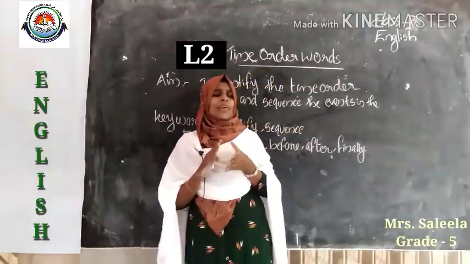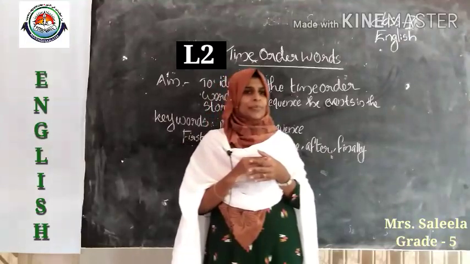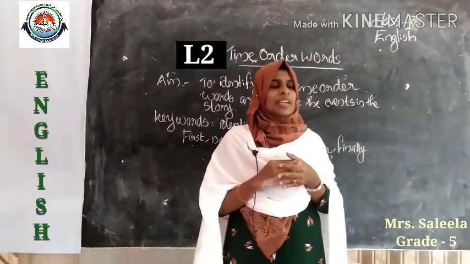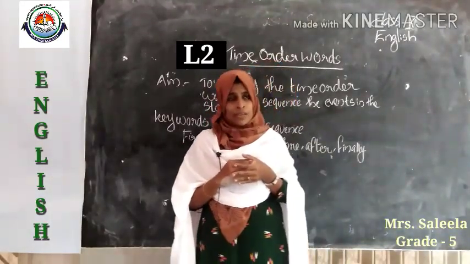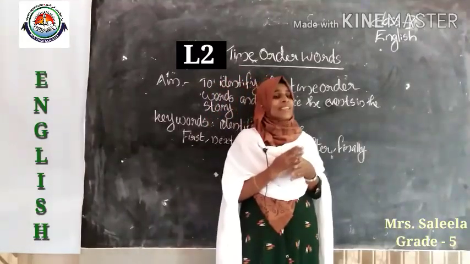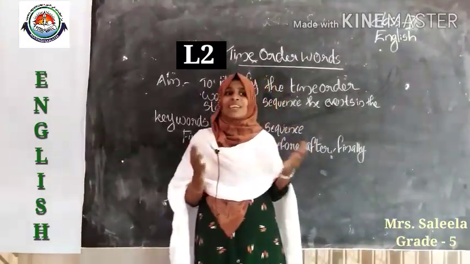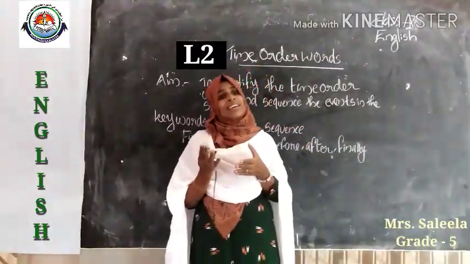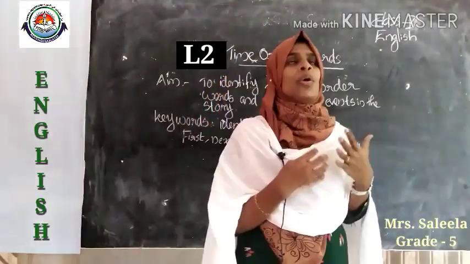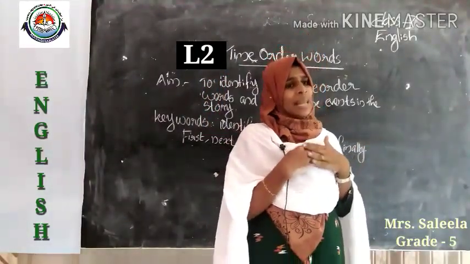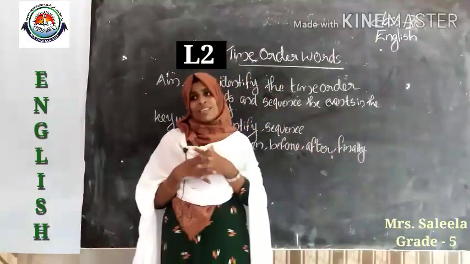Then why is it important? It is very important because a story makes sense when its events are arranged in the correct order. How do time order words help us to sequence the events in the story?